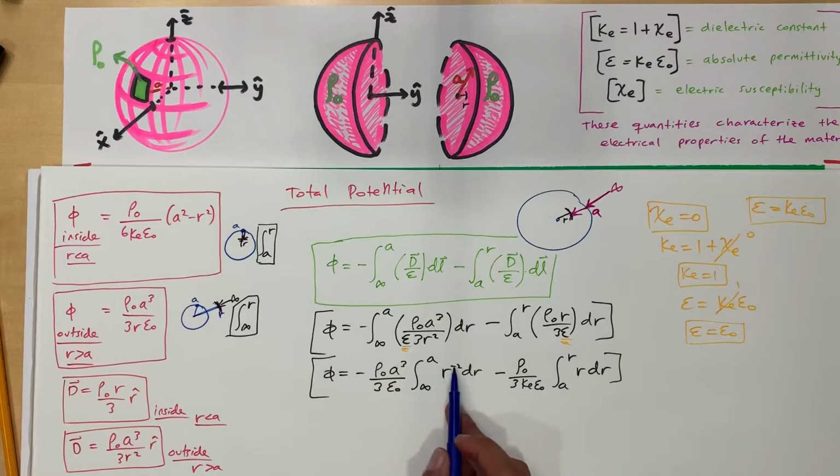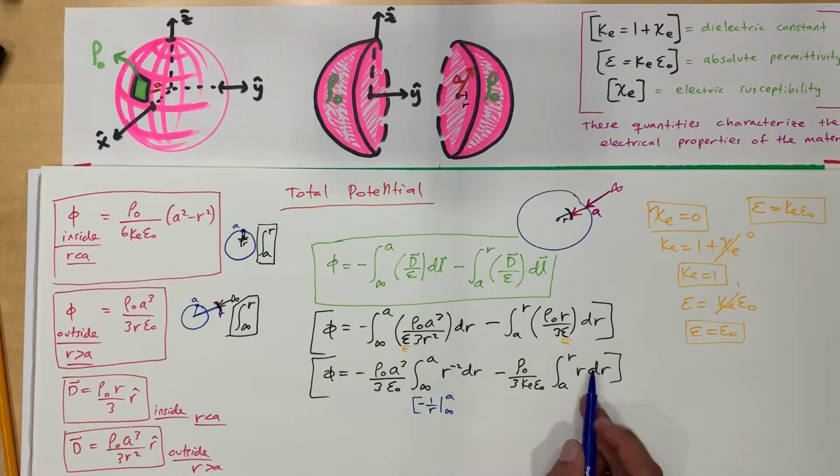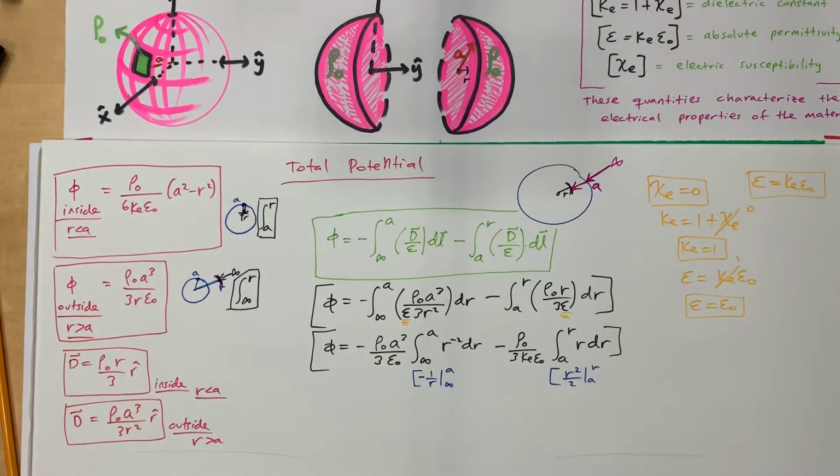So this integral here is going to be, let's see, if we just evaluate the integral, negative 1 over r evaluated from infinity to A. And here, if we just look at the integral, we're going to have r squared over 2 evaluated from A to R. Okay, so let's write that out. Let's push this up a little bit.